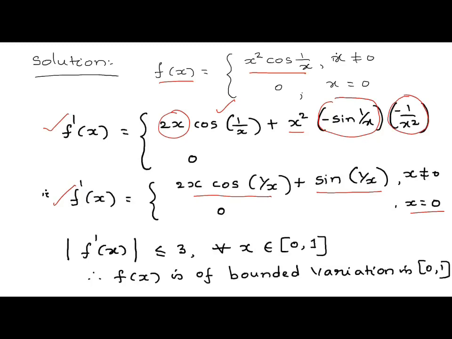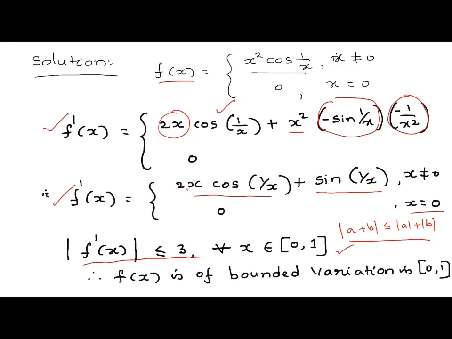Now if we take mod of f dash of x, which is less than or equal to 2 plus 1. Right? So if you remember this, mod of a plus b less than or equal to mod a plus mod b, right? So by using this we can write this as mod of 2x cos 1 by x plus mod of sine 1 by x, that is nothing but 2 plus 1, that is mod of f dash of x less than or equal to 3 for every x in the closed interval 0, 1.